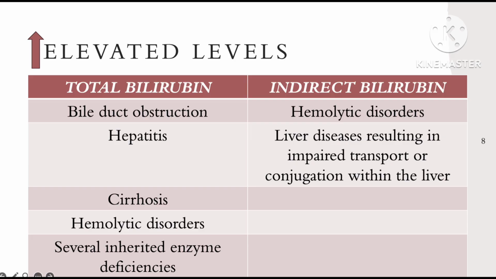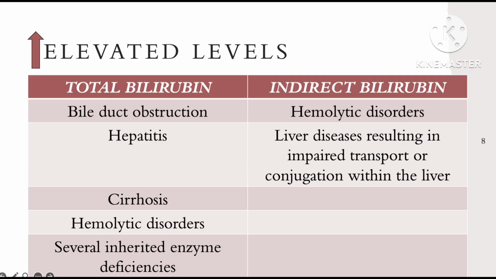Examples would be hemolytic disorders, sickle cell anemia, thalassemia, or the liver diseases resulting in impaired transport or conjugation within the liver. If the problem is hepatic, that means conjugation defect, then that would be Gilbert syndrome, Crigler-Najjar, or neonatal jaundice.